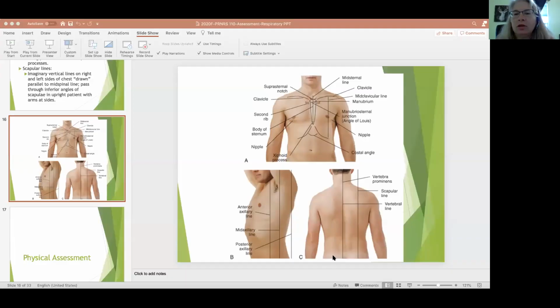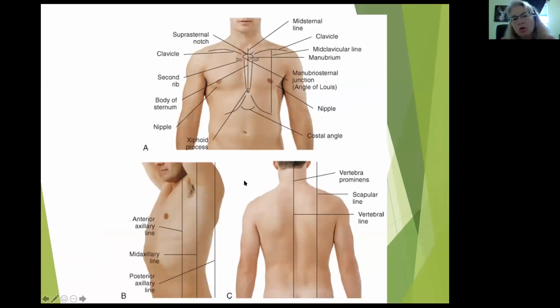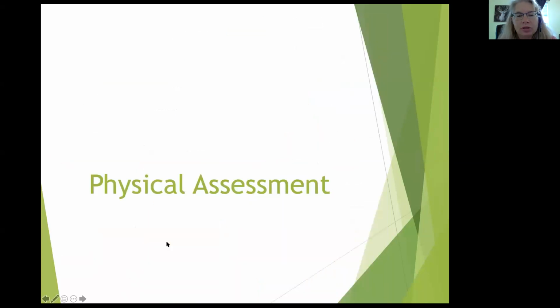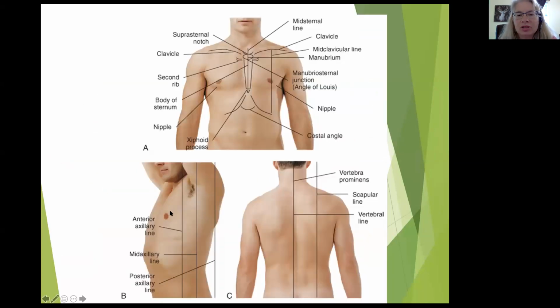Okay, so when you look at this picture, when you're looking at AP, which would be anterior to posterior, it would be the distance from the front to the back. And you're just kind of eyeballing it, honestly.